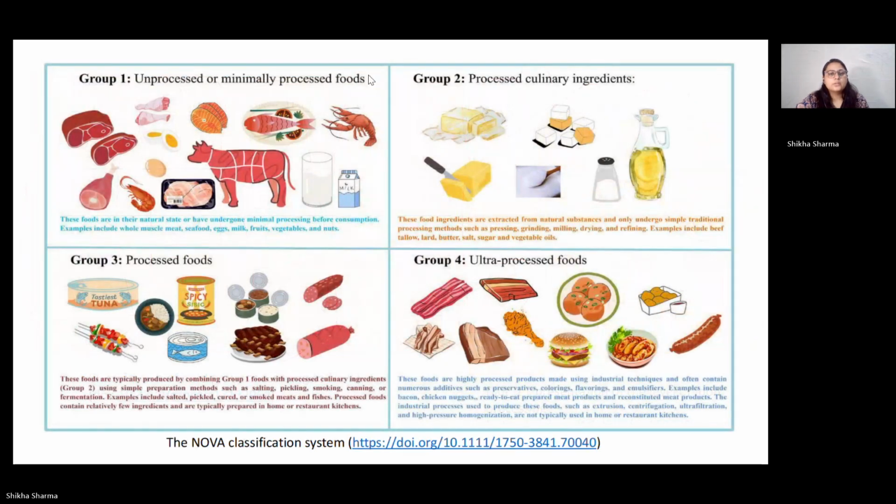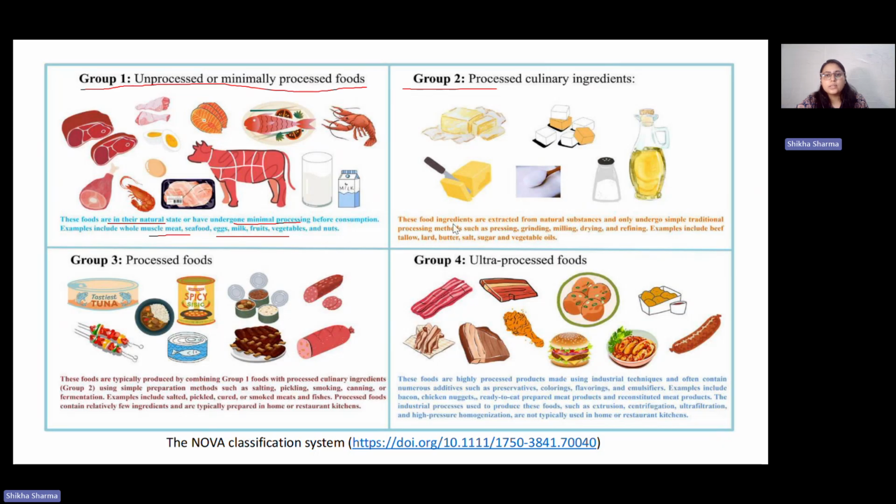As we discussed, group 1 includes the unprocessed or minimally processed food products. These foods are in their natural state or have undergone minimal processing operations before consumption. Examples are whole muscle meat, seafoods, egg, milk, fruits, vegetables, and nuts. Group 2 is processed culinary ingredients.